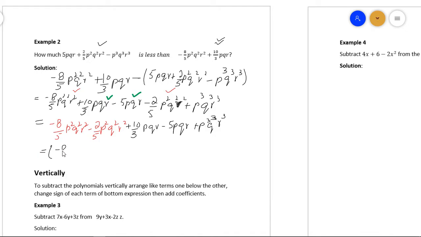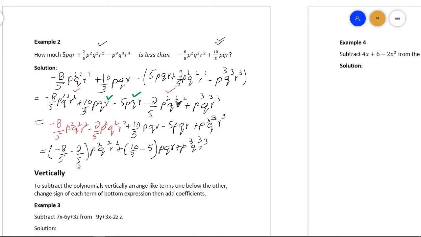Now add the coefficients: minus 8 by 5 minus 2 by 5 p square q square r square plus 10 by 3 minus 5 pqr and p cube q cube r cube.